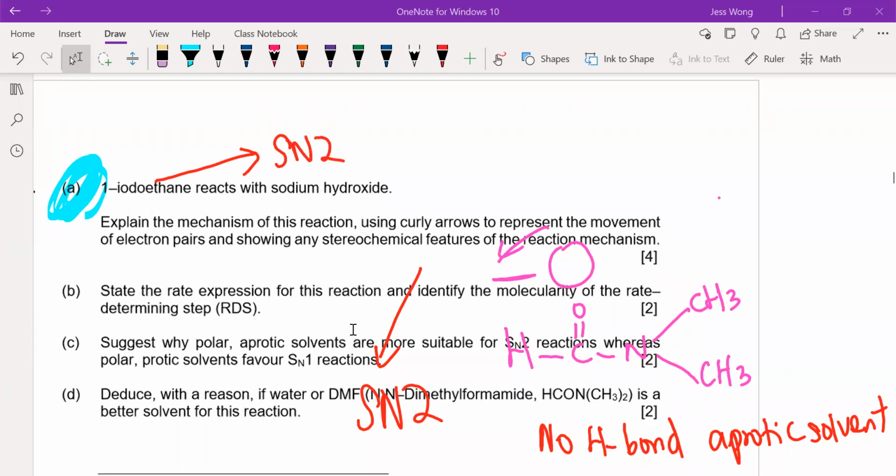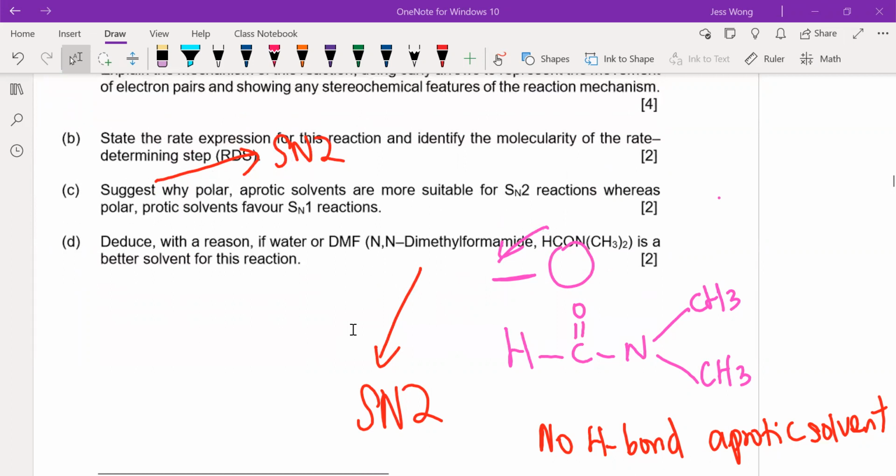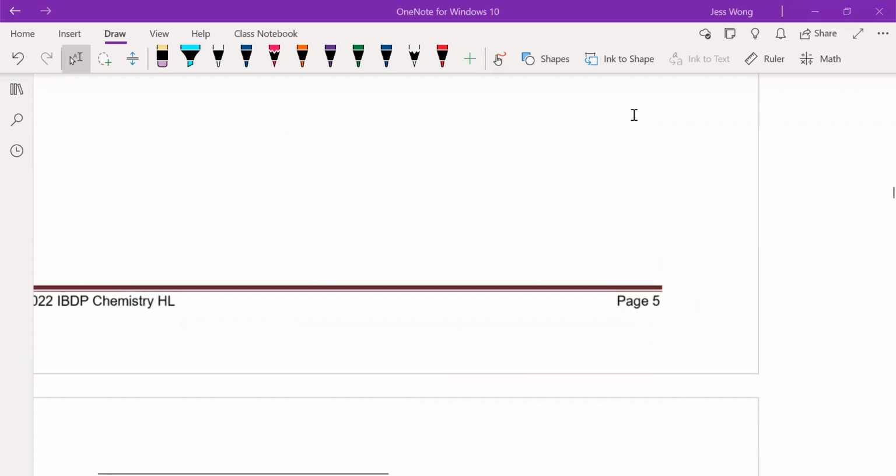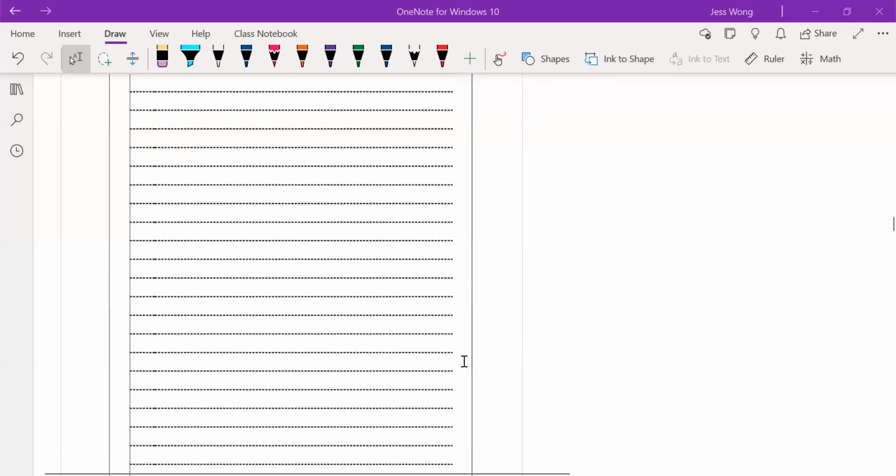So if we refer back, if water or DMF is a better solvent, then it definitely will be DMF, because DMF is an aprotic solvent and it will speed up the SN2 mechanism. So DMF will therefore fit this reaction better, since we are looking at the SN2 mechanism. So now we are done with this. Okay, so we will stop here.